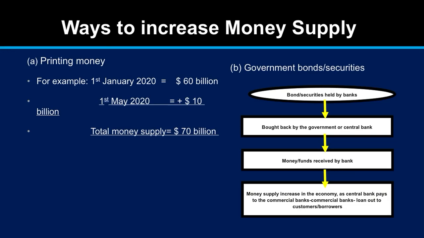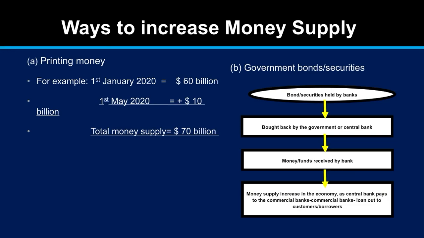So next, ways to increase money supply in an economy. A is by printing money. Printing money is something very direct. For example, on 1st of January 2020, let's say there's about $60 billion money circulation or money supply in an economy.